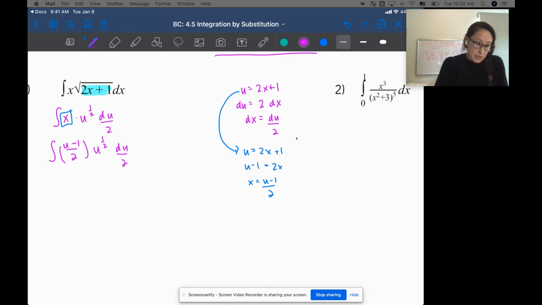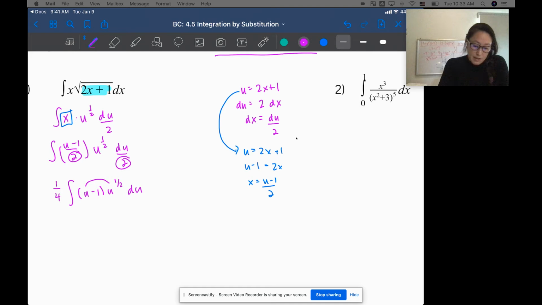And right away, I can see that I can take out the 1/2 and the 1/2 from my fractions and factor them out to the front. So 1/2 times 1/2 is 1/4, leaving me with u minus 1 times u to the 1/2 power du.